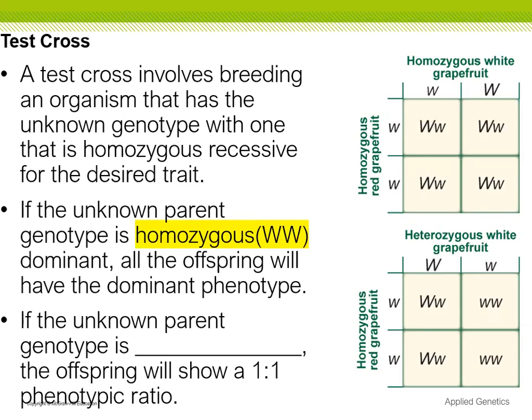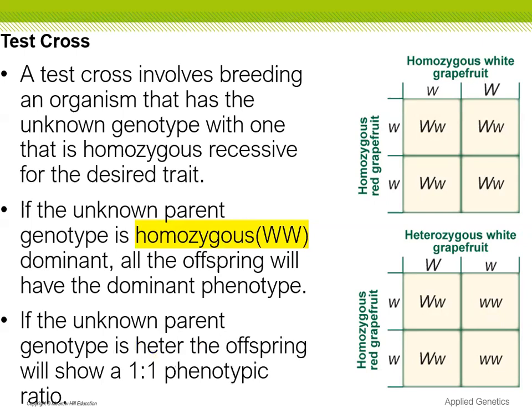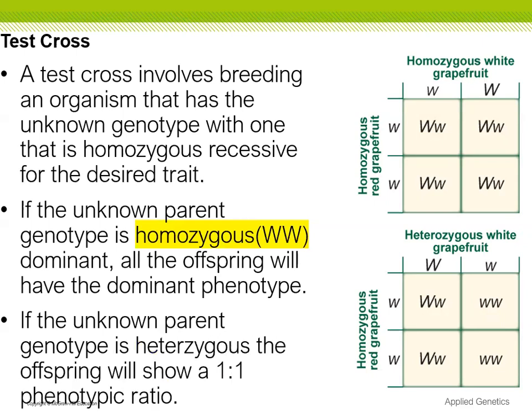But if I have an unknown parent and it is heterozygous, then that means half of the kids are going to have the recessive trait, half of the kids are going to have the dominant trait. So one of the really complicated things of these Punnett squares is when we don't know the genotype of a parent. You have to use logic then to kind of figure it out. You have to work backwards. This is an example of that.